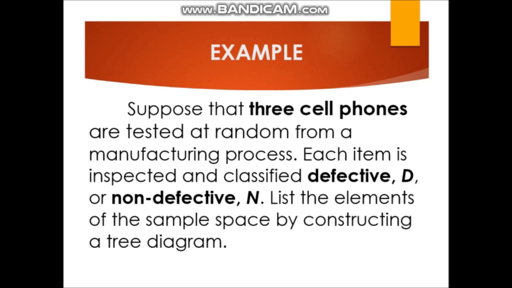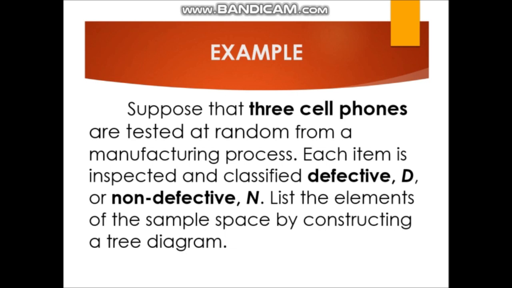Each item is inspected and classified as defective or non-defective. List the elements of the sample space by constructing a tree diagram. So we have 3 cell phones that we're going to test if each is defective or non-defective.